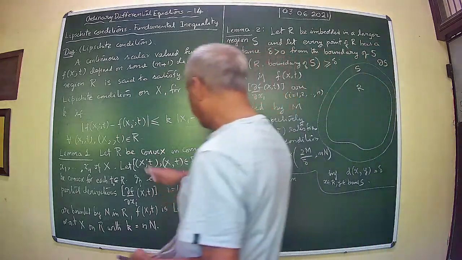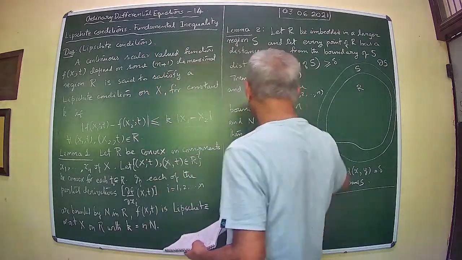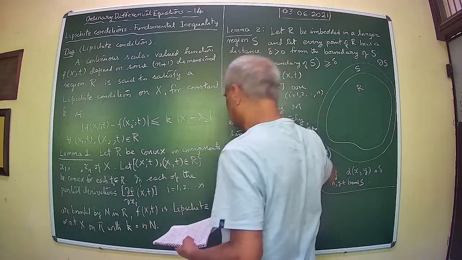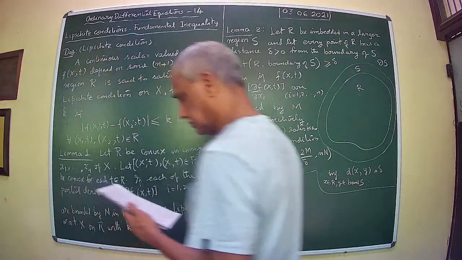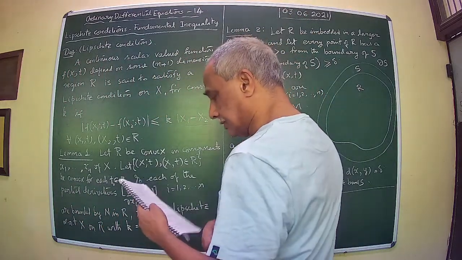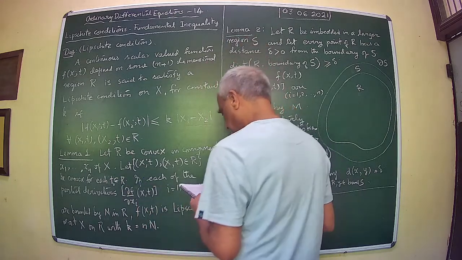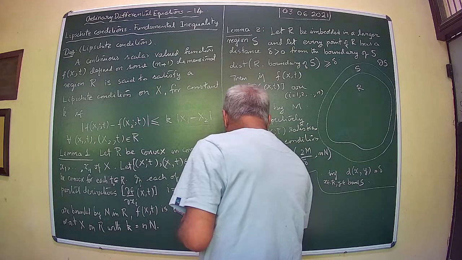Okay? Improvise the proof of both of them, because here again components are involved, and once this is done, this is just immediate. Okay. So we will just give an indication of the proof of these results by mean value theorem.